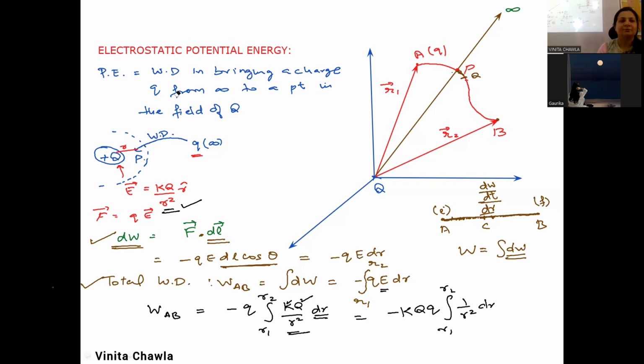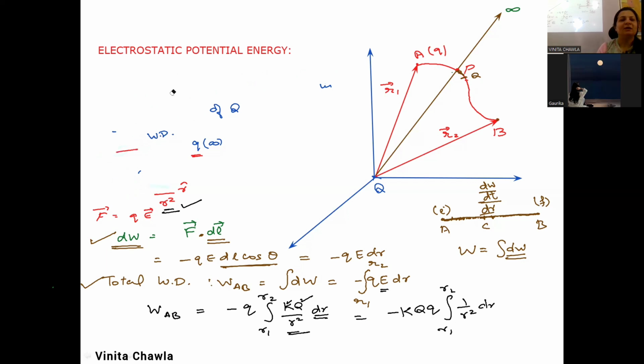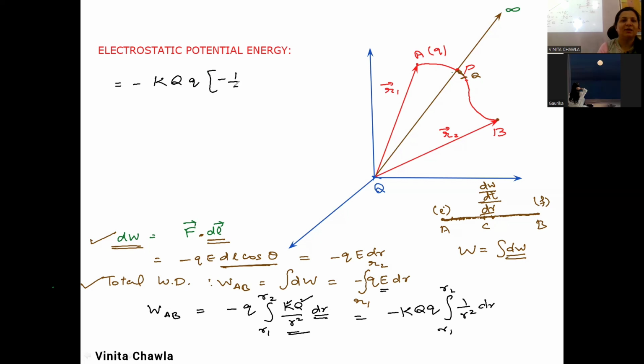अब क्या करेंगे बताओ? कौन सा फॉर्मूला लगेगा इंटीग्रेशन का? It is minus KQq, and this is minus 1 by R, R1 to R2. Which formula we have applied here?